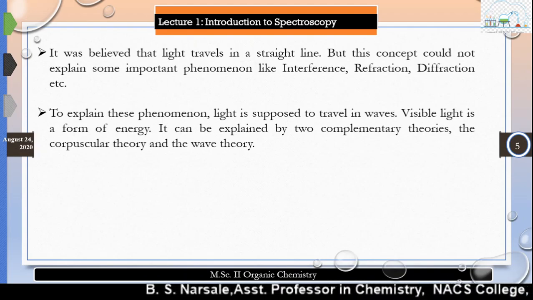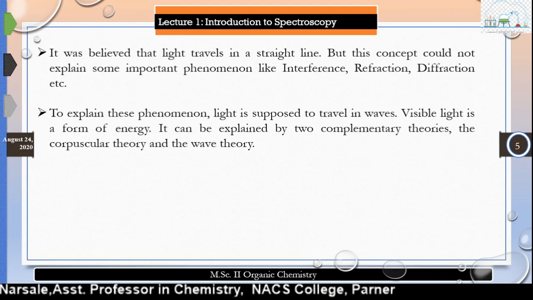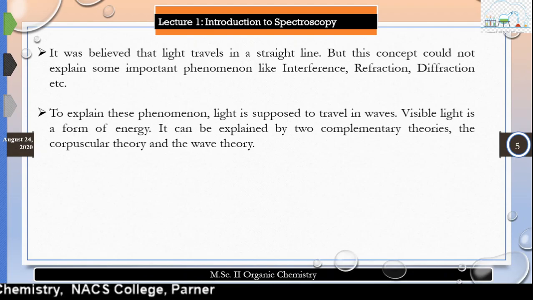These things are explained by complementary theories, that is the corpuscular theory and the wave theory.